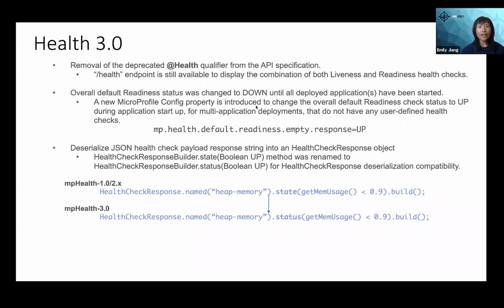In this one, if you deploy multiple applications per runtime, for the health endpoint, the readiness is always down until all the applications have been started. However, you could overwrite that behavior. You say, okay, I don't want that. If I have an empty response, basically they're not up yet, I want it up earlier.